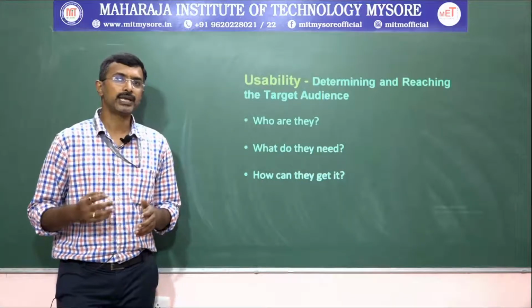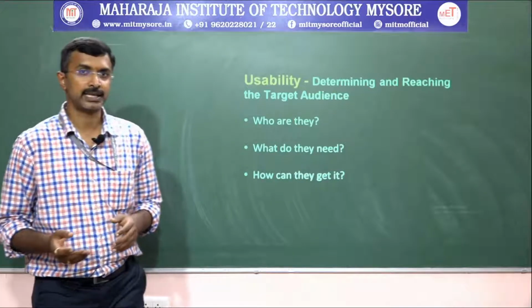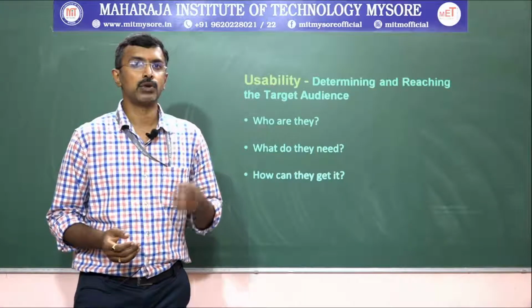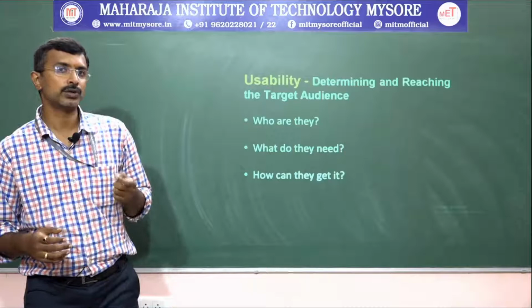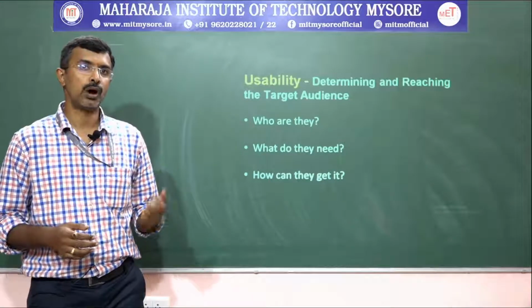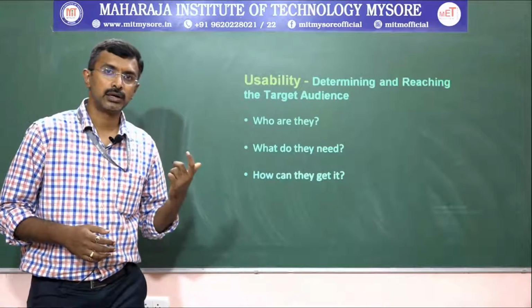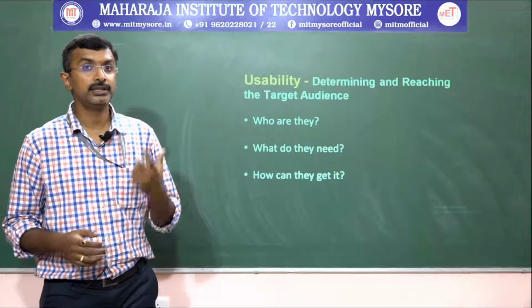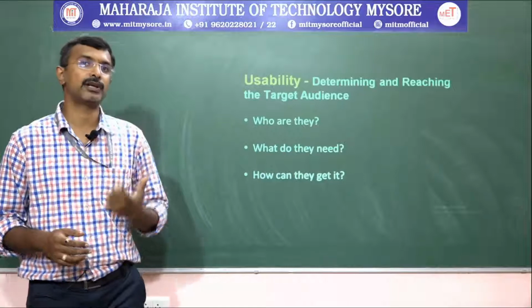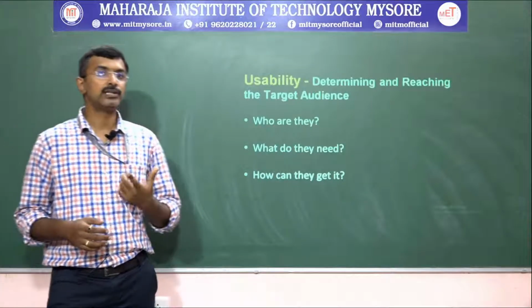But from a business perspective, say you are developing Zomato or Swiggy kind of application, then your target audiences are those who are in urban areas who don't have time to cook, which means you're targeting particular customers. So those are your target.